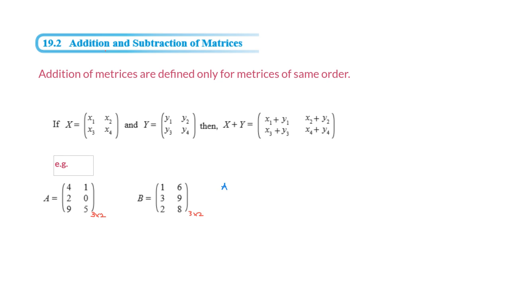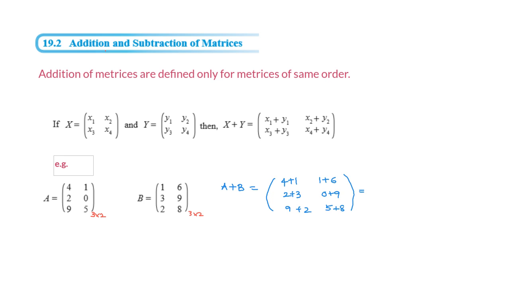Add these two. A plus B is equal to, you have to add corresponding terms here: 4 plus 1, 1 plus 6, 2 plus 3, 0 plus 9, 9 plus 2, 5 plus 8.